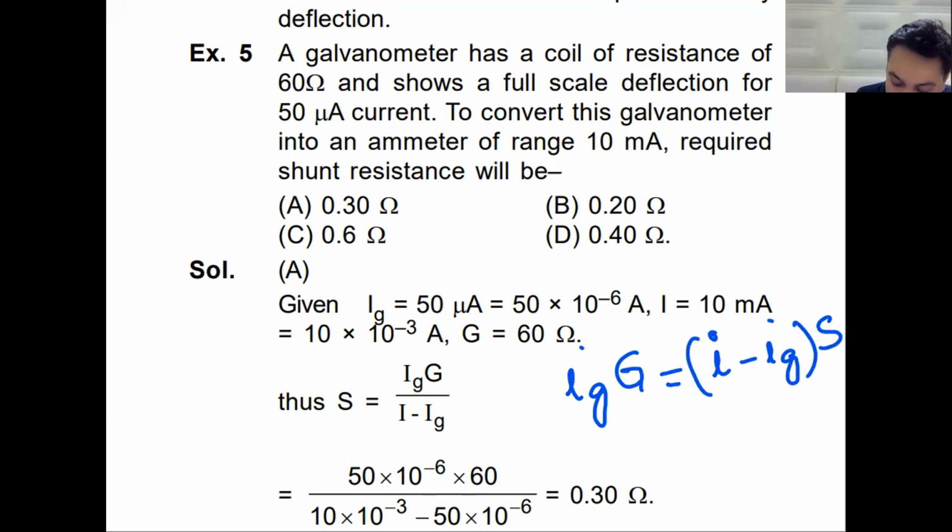Do you understand this, beta? Yes, sir. Everything here is given. Ig is given as 50. Coil resistance of the galvanometer is given as 60.